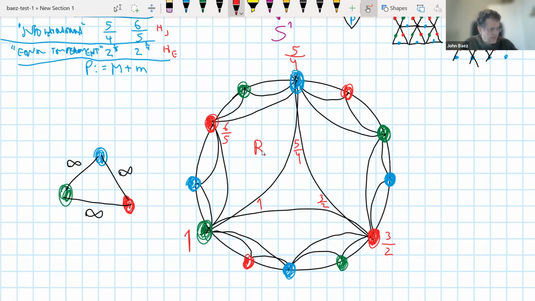And let's see, 5 to the fourth, that's like 25 to the 20th. This would, I guess, be 24 20ths.